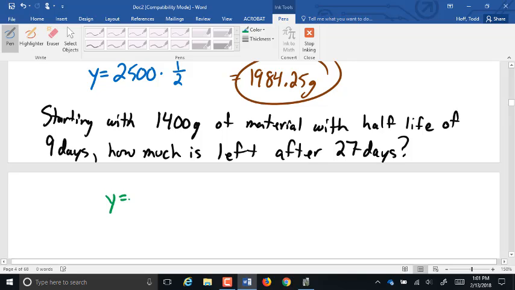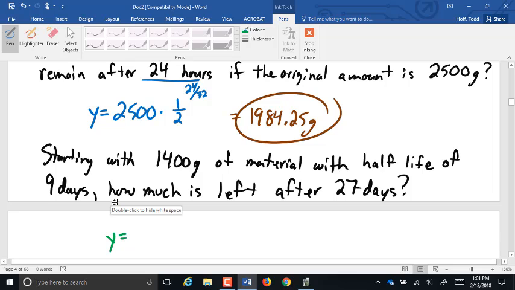What is our formula? Jordan? Y equals, what do we start out with? The initial amount in this problem would be 1,400. Very good. Times 1/2 to the power of, this is the time over the half-life.